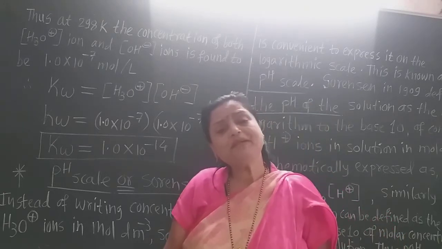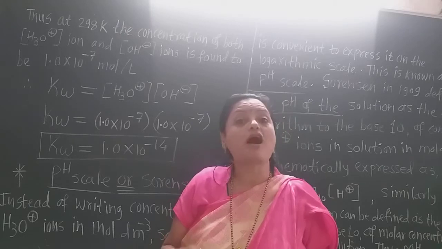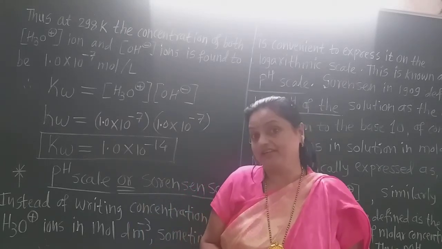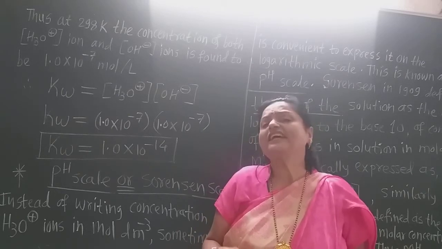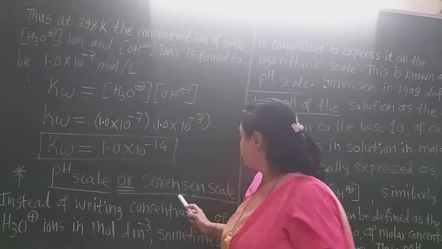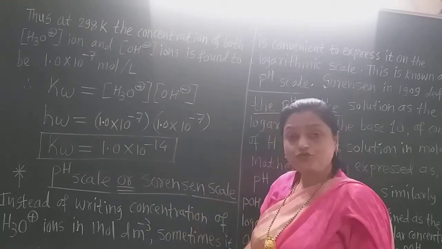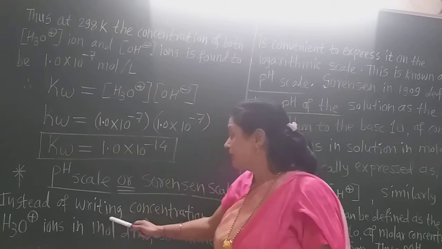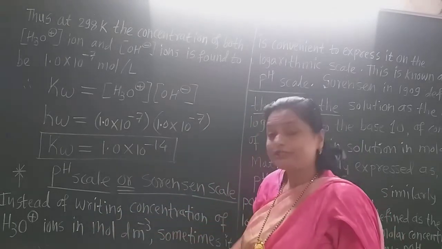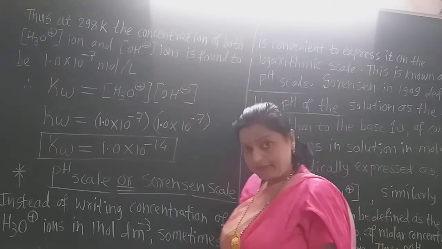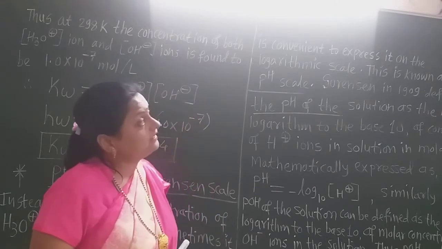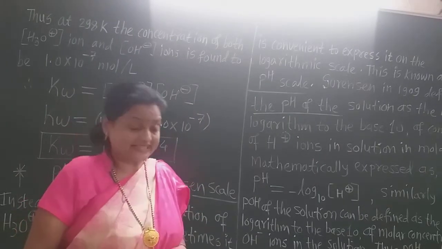And what is this pH? pH is nothing but the power, potential, of hydronium ion or hydrogen ion. Potential is the Greek word for power. So in the pH scale or Sorensen scale, instead of writing the concentration of H3O plus ions in moles per decimeter cube, sometimes it is convenient to express it on the logarithmic scale.